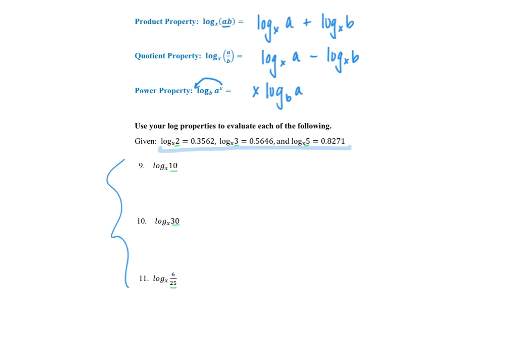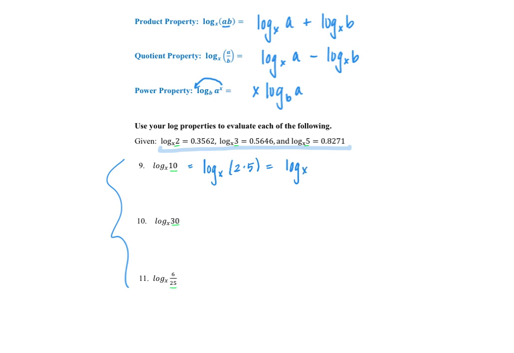Well, I know that 10 is actually what? Well, it's actually 2 times 5. So if 10 is equal to the product 2 times 5, I know that if I have a product in my argument, I can use that product property and give each of those numbers its own log.